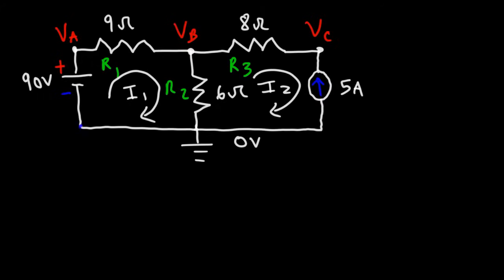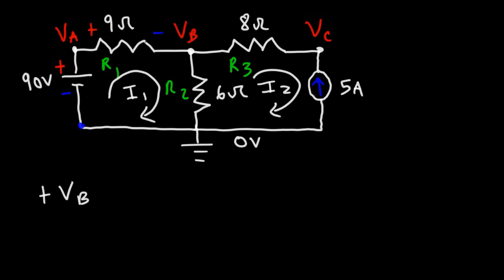So let's say we're starting from this point and we're going to go around the first loop. As we travel through the battery, notice that we're going from the negative terminal to the positive terminal. So that's a voltage rise. So we're going to use positive V, let's say VB for the voltage across the battery. Now going through this resistor, this is the positive side of the resistor.